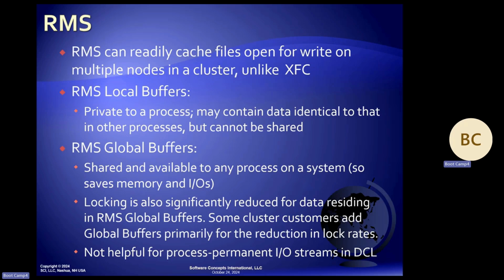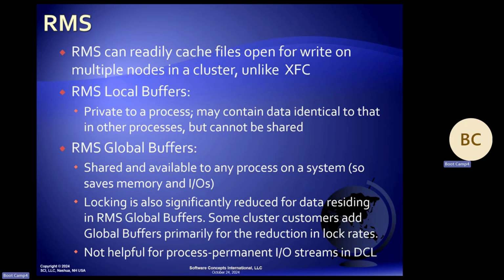You don't have to take out another lock request because it's in the global buffer. If the buffer ever changes, the blocking AST then fires, and that'll result in an update of the buffer. So I have some customers that will put RMS global buffers onto files strictly because it reduces the lock rate for their cluster. It'll help the IO as well, but that may be their primary motivation to reduce the lock rate.